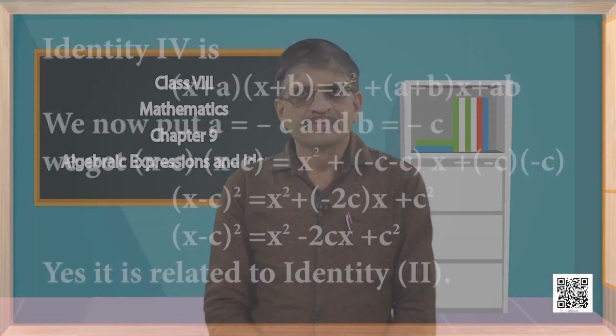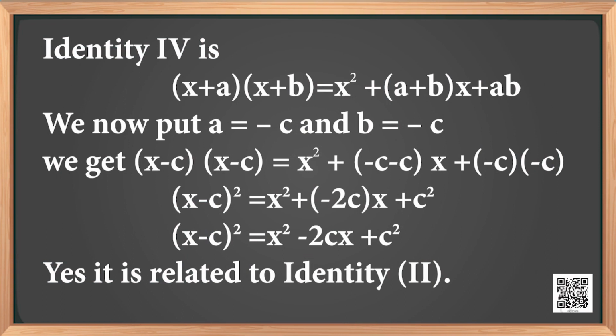Consider the special case of identity 4 with a is equal to minus c and b is equal to minus c. What do you get? Is it related to identity 2? Let us see. Identity 4 is (x + a) into (x + b) is equal to x square plus (a + b) into x plus ab. We now put a is equal to minus c and b is equal to minus c.